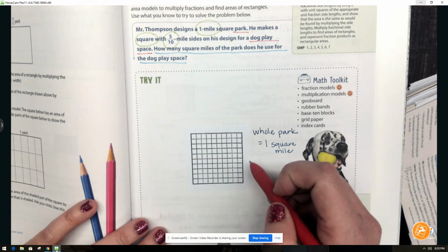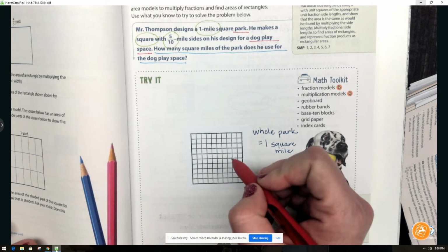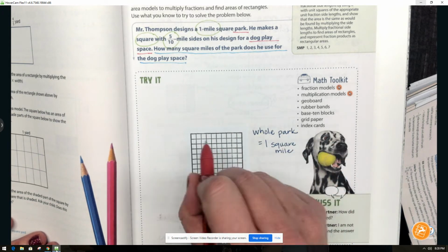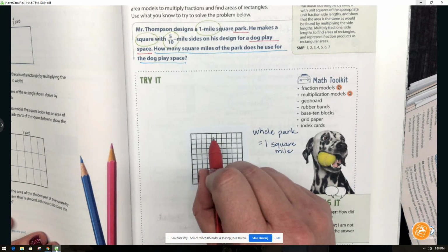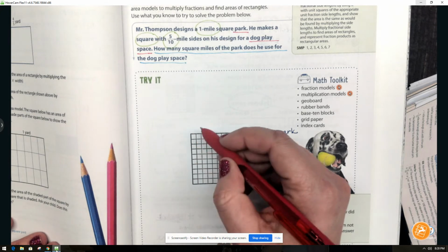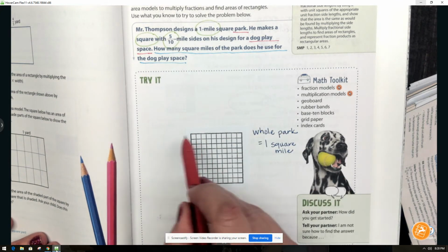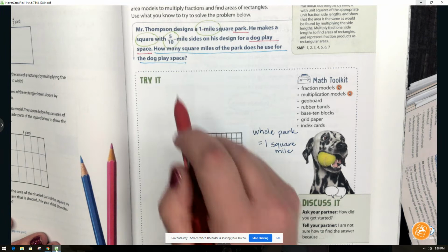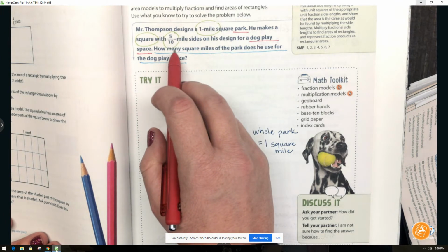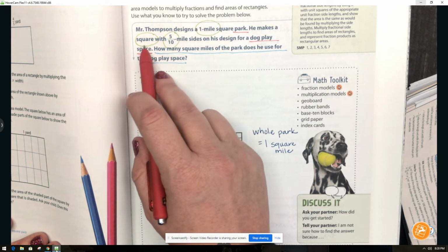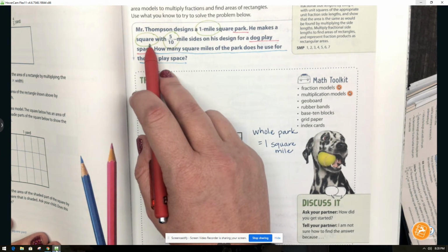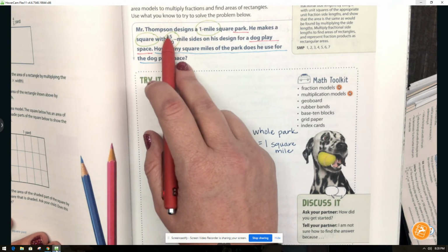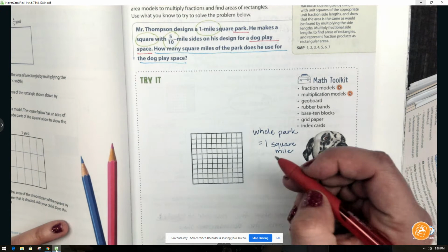Now, the wonderful thing about this hundredths chart that I have down here below is that it is already broken up into tenths because each column is 1/10 and each row is 1/10. Now, if we look up above, we know that each side of the square that he drew is 5/10 of a mile.